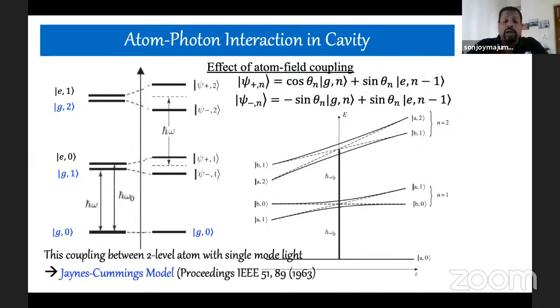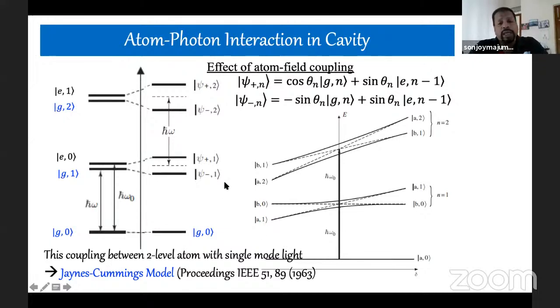This coupling between a two-level atom and a single-mode light is also known as the Jaynes-Cummings model, named after their proposal. There is a paper written by them in 1963, in the Proceedings of the IEEE. If you are interested, just look at it. This is the famous Jaynes-Cummings model, which is used nowadays in many kinds of experiments for quantum technology.